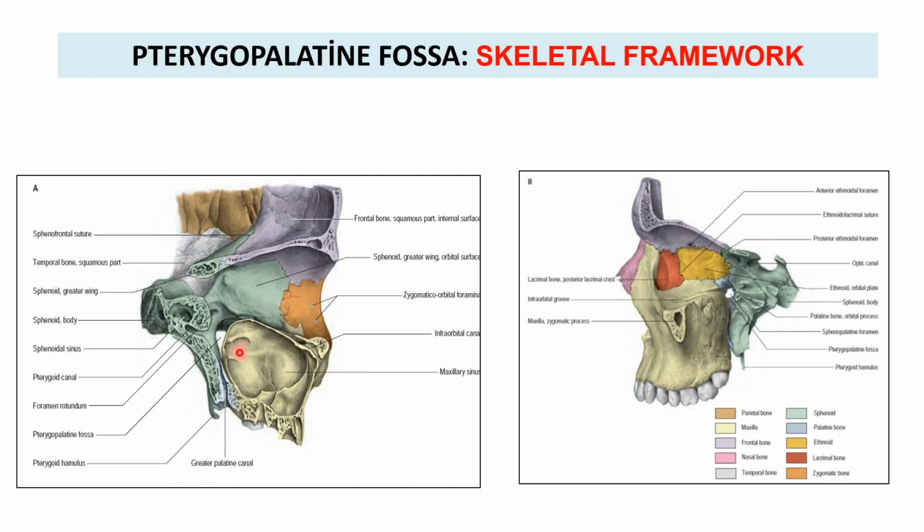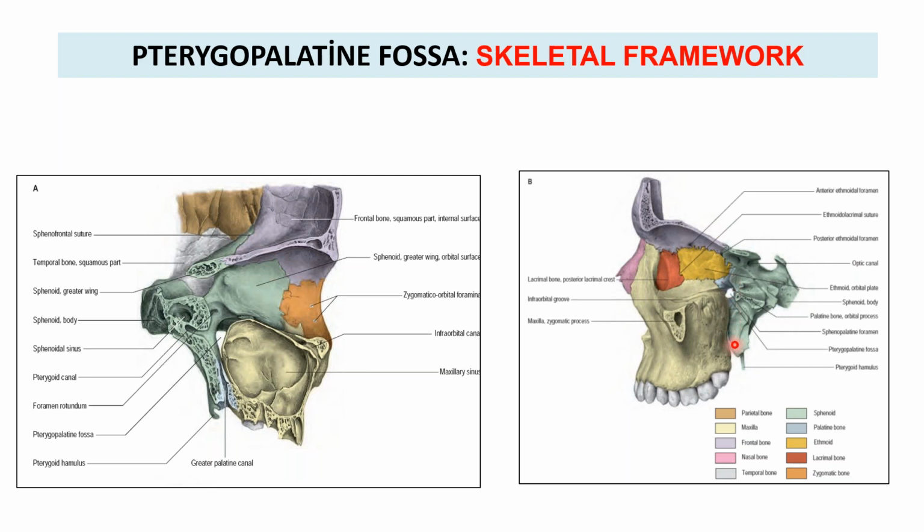We can see that the maxilla bone, the maxillary sinus, is anteriorly placed. The pterygoid plates are posteriorly placed. And what is there in the superior plane? In the superior plane you have the body of the sphenoid, the undersurface of the body of the sphenoid. There is one more bone, the palatine bone. This blue bone that you can see is the palatine bone, with its orbital and sphenoidal processes.